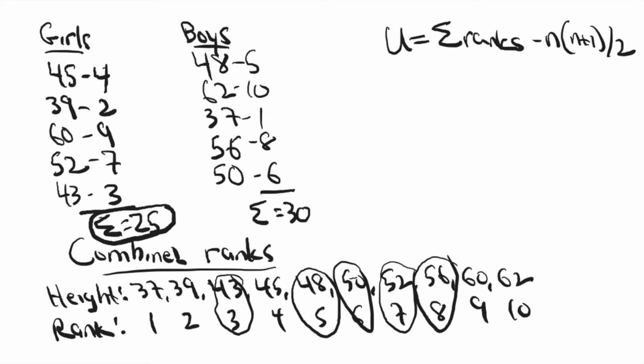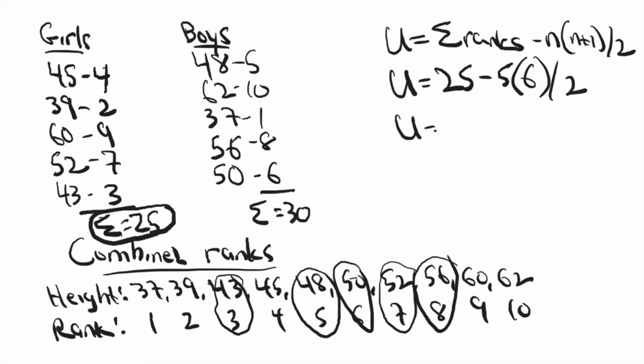The sum of the ranks for the girls sample is 25 minus, there are 5 cases in the girls sample, times 5 plus 1 is 6, divided by 2.